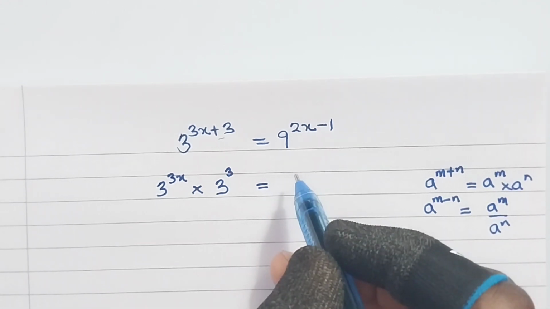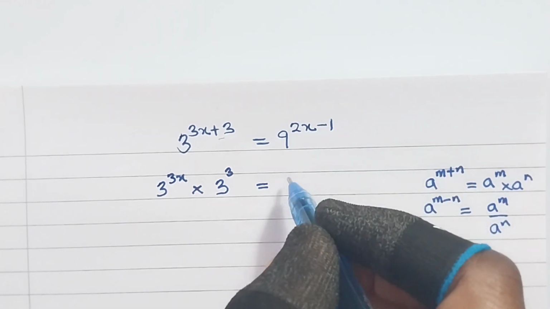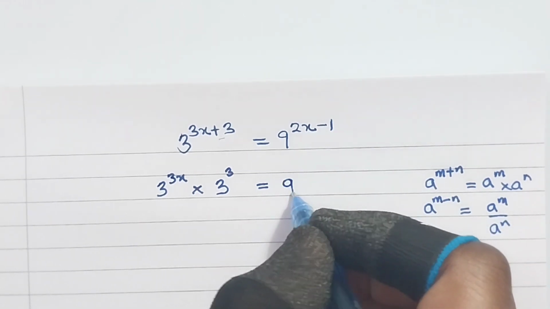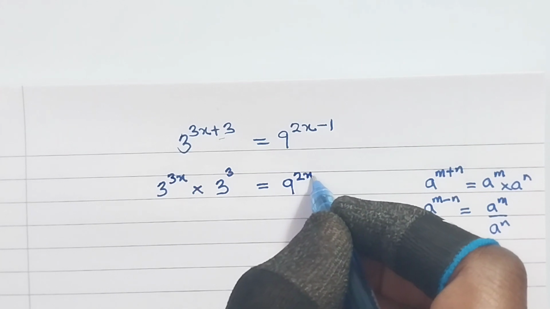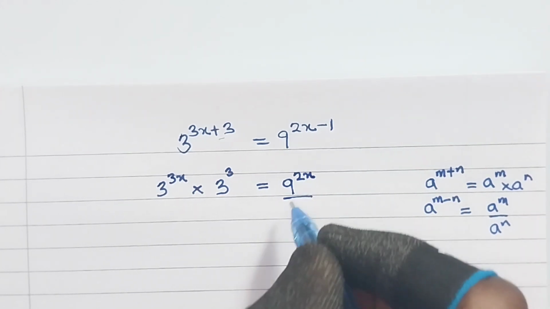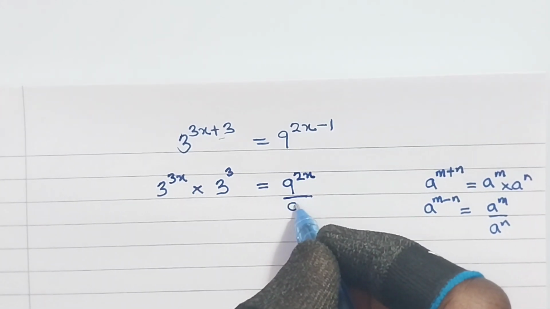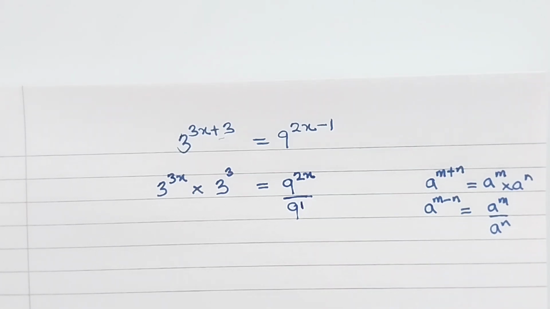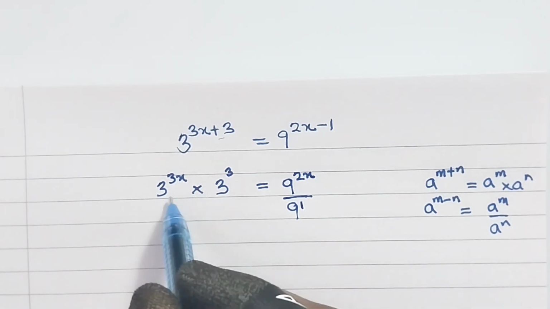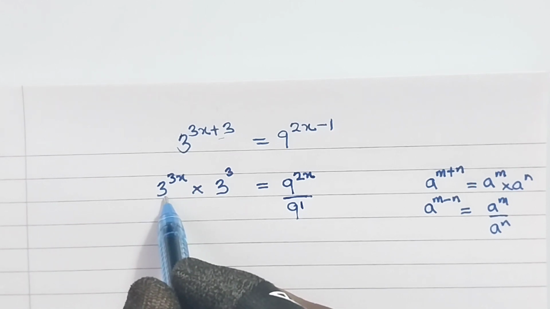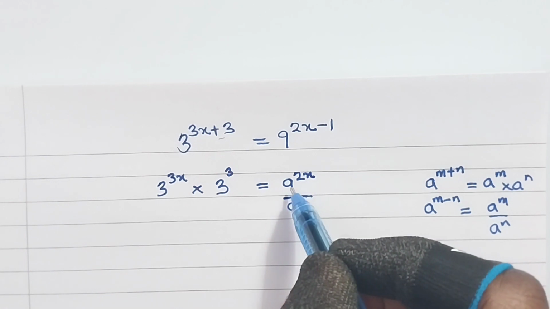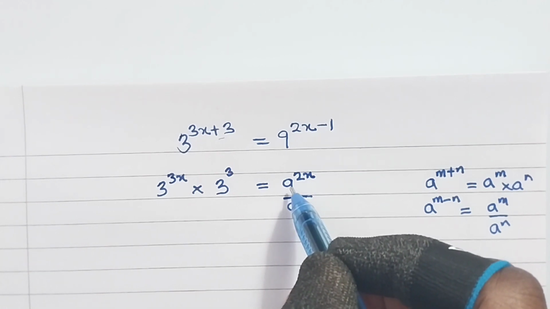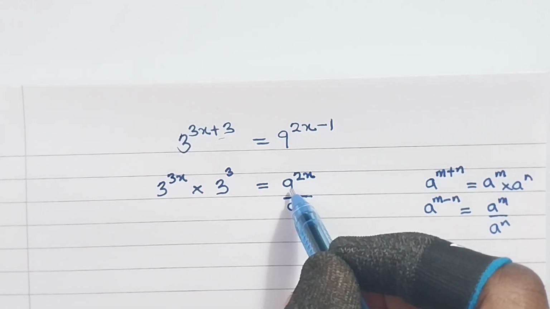So once you know that rule, you can go ahead and apply, and this becomes 9 raised to power 2x divided by 9 raised to power 1. Then from here, 3 is already in its simplified form, and 9 on the other hand, we need to break down to its lowest base.